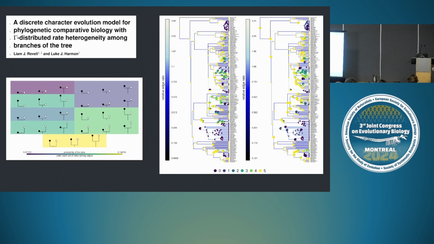And very recently, a few weeks ago, Luke and Liam published this preprint where they propose a new model, gamma-distributed rate heterogeneity, that will allow us to not only get the tip-specific rates, but also branch-specific rates, so the internal branches would also have their own rates, which would be amazing for us to trace how these traits evolved through time.